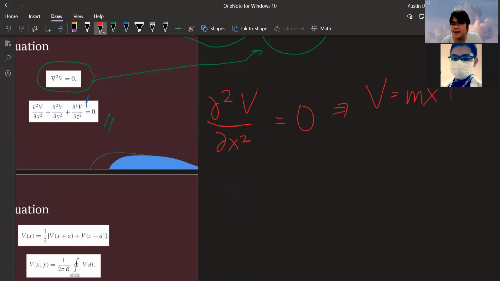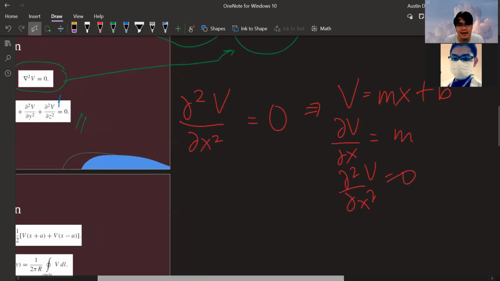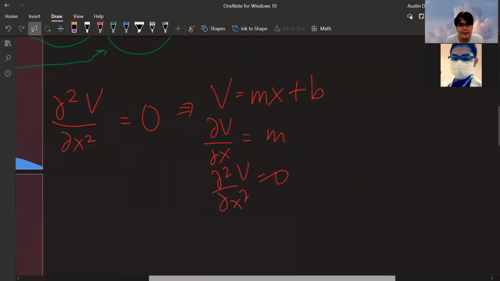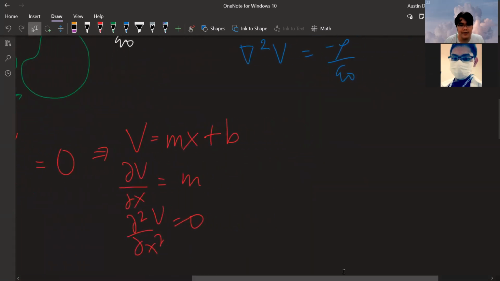It's just mx plus b, where m and b are arbitrary constants. If you take the derivative twice with respect to x, you get m and then 0, because the derivative of a constant is 0, so it disappears. And that is the solution.